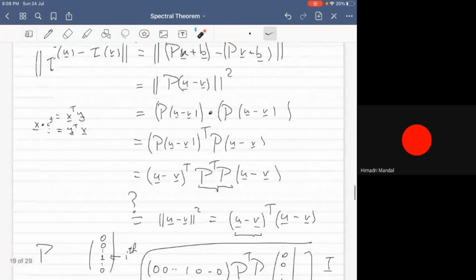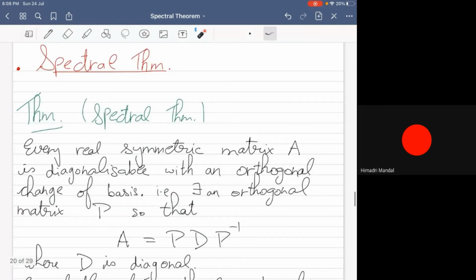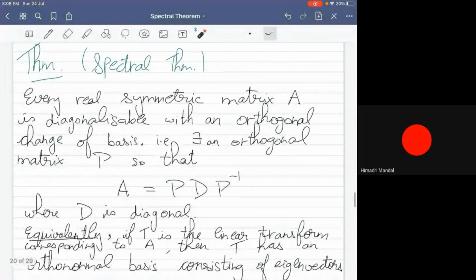Okay. So now let's take the spectral theorem. And this says that every real symmetric matrix A is diagonalizable with an orthogonal change of bases.